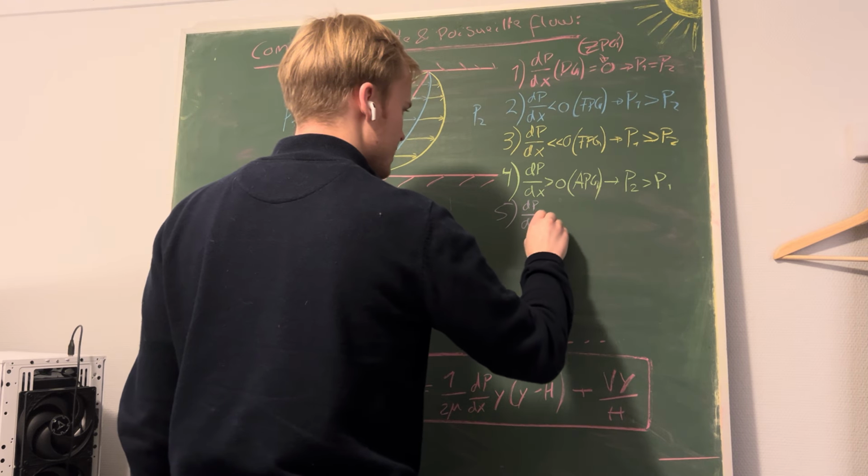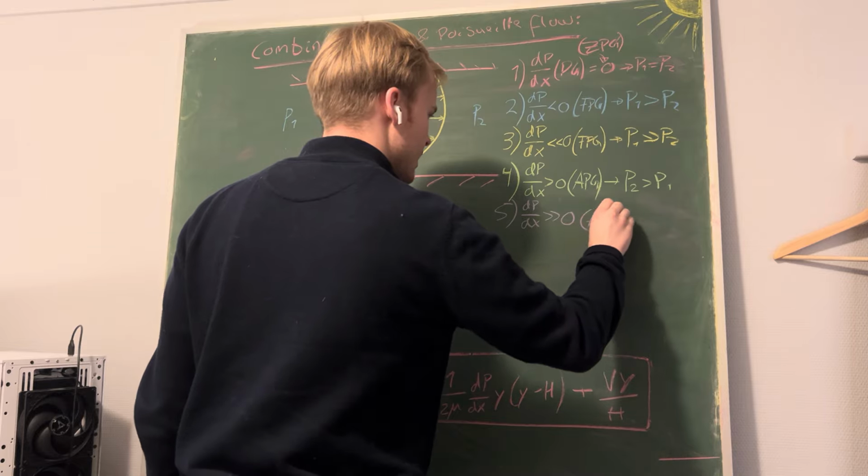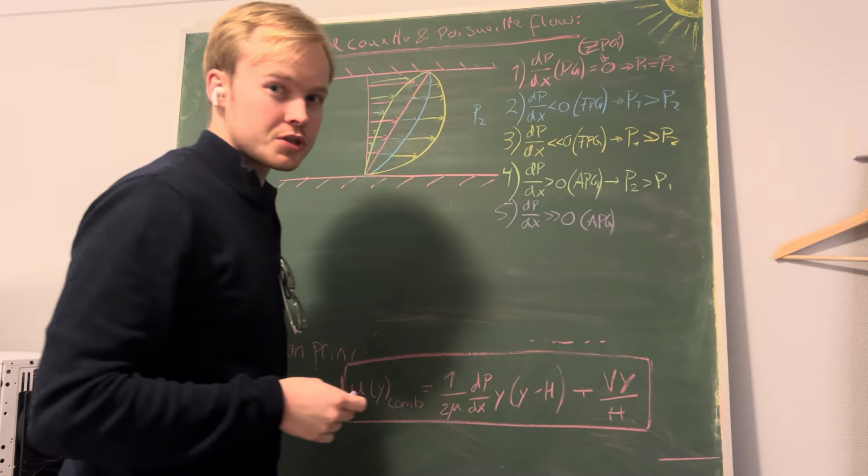dP/dx is much bigger than 0. This is still an APG, or an adverse pressure gradient.